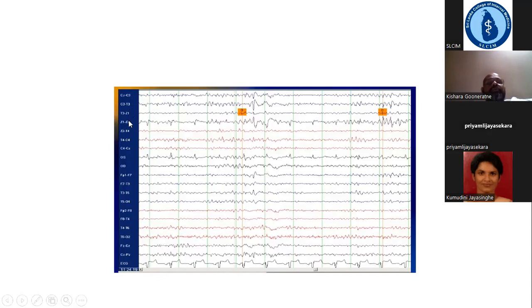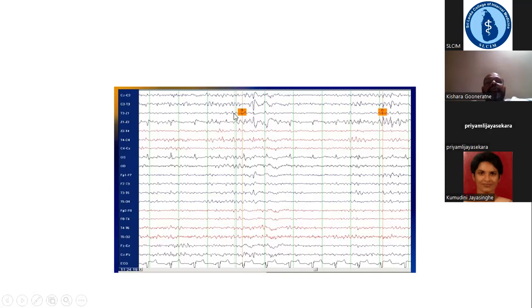So this discharge, or epileptiform discharge or sharp wave complex, is obviously evolving from the left hemisphere. And you can see that these are very sharply contoured, and if you look at the other waveforms, you can see that this actually stands out from the background.